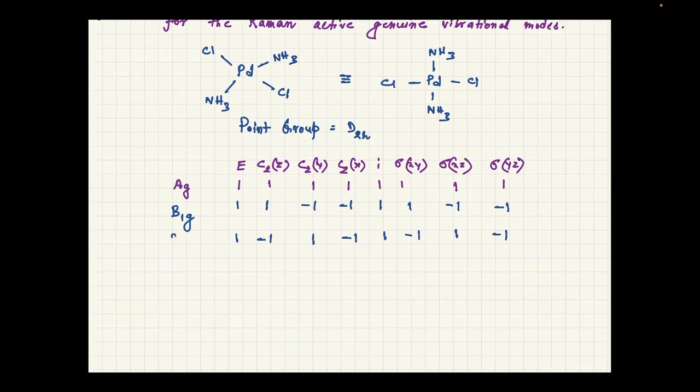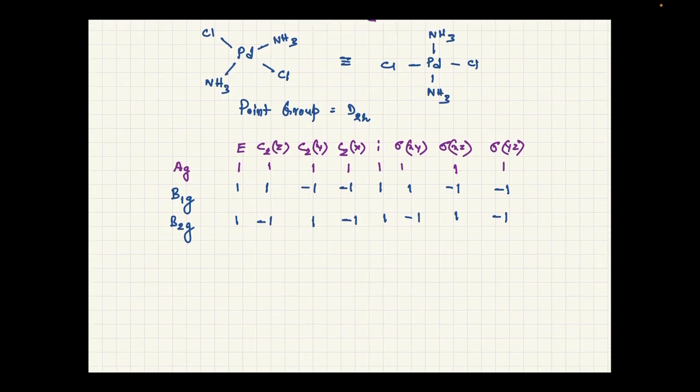It will be B2g. You know how to define these irreducible representations using A, B, 1, 2 and g, u notation. Okay, we have discussed this in detail. And then 1 minus 1, minus 1 1, 1 minus 1, minus 1 1. It will be B3g.